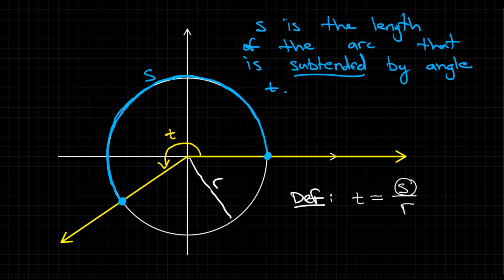One thing that you can note right away is s is a length and r is a length, and when you do a length divided by a length, you get a dimensionless unit. So t is dimensionless. Now if this all seems really abstract, let's do something that might make things a bit clearer.